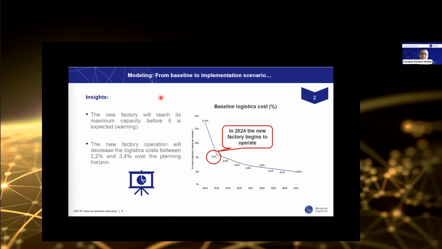The first insight was related to the way the new factory will affect the logistics and the supply chain flows. And it was an interesting insight, as you see in this graphic.